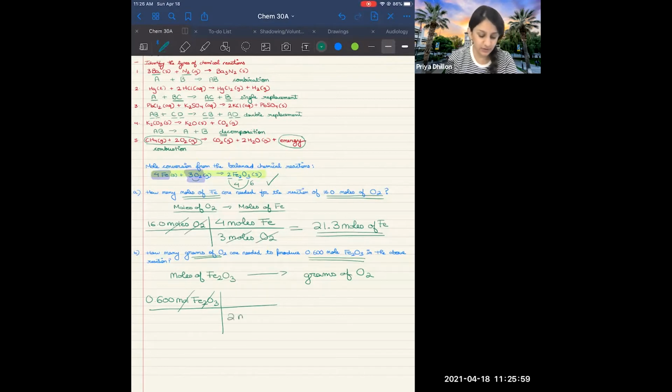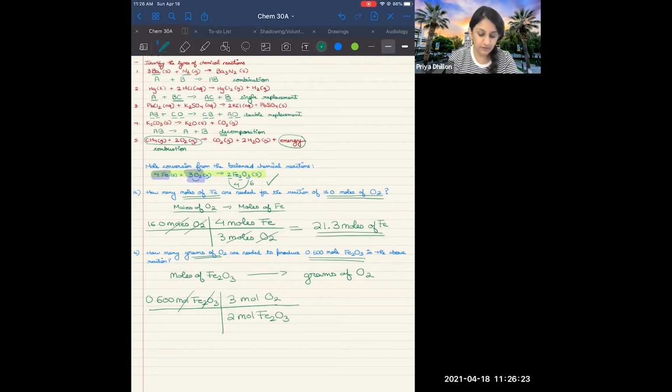Yes, it's going to be 2 moles of Fe2O3. And now I'm converting these moles to O2, right? So how many O2 do I have? 3, yep.